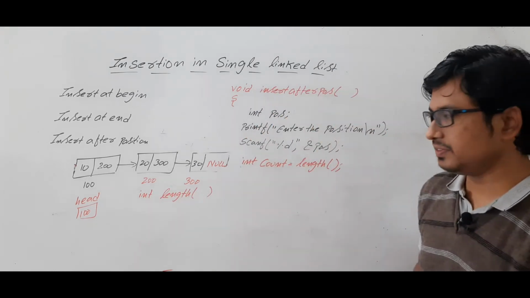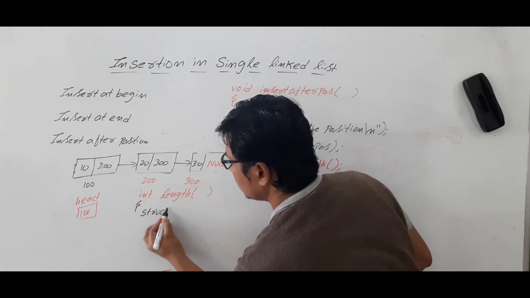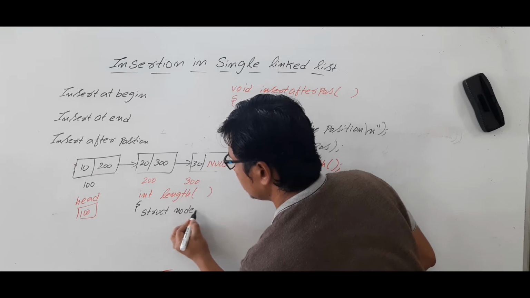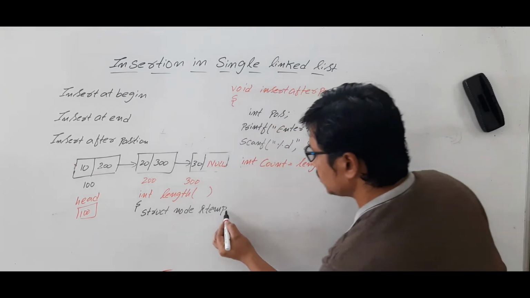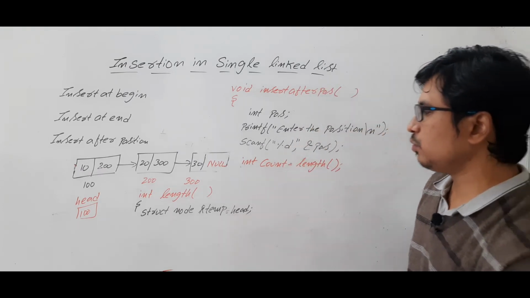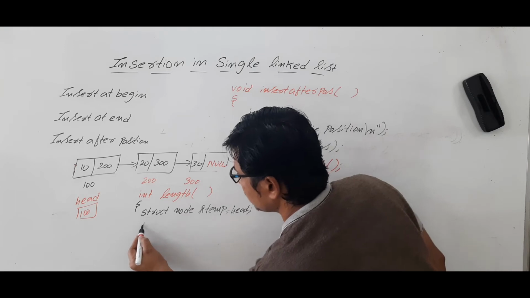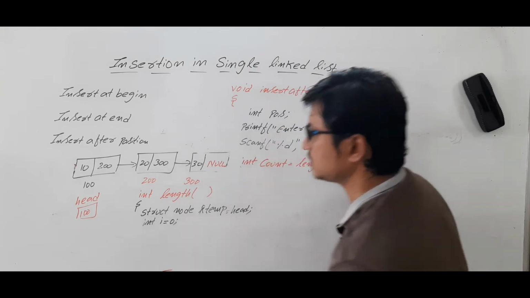So int length. Then you are declaring a pointer variable called temp and you are assigning the head. Is it clear? Then you have to declare a variable called i and initialize it to 0.